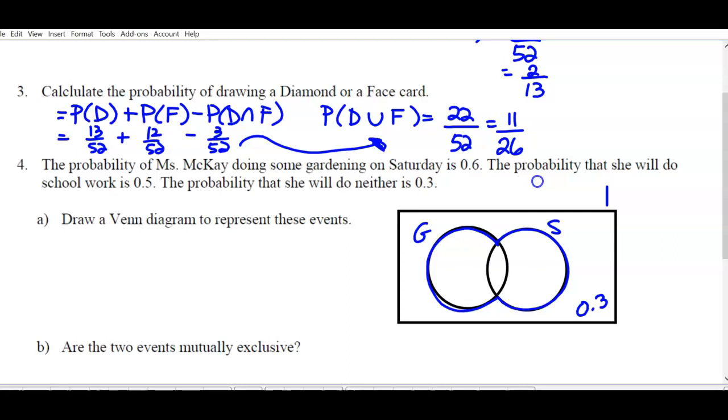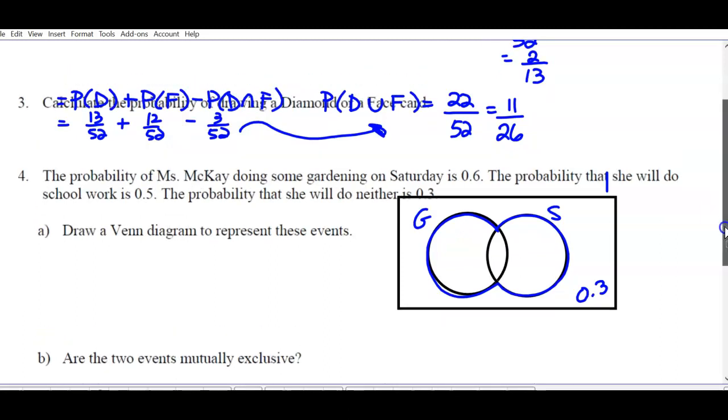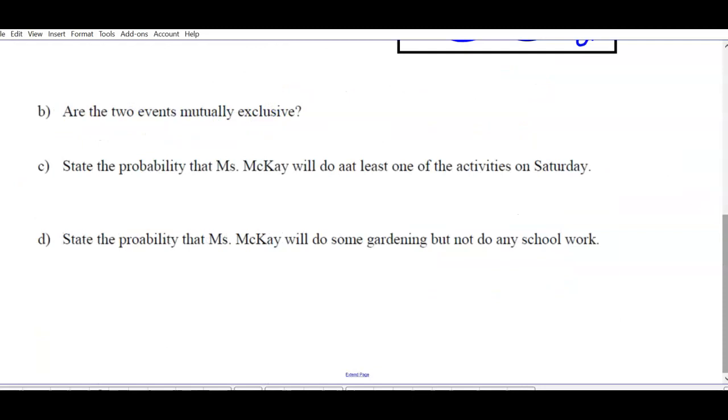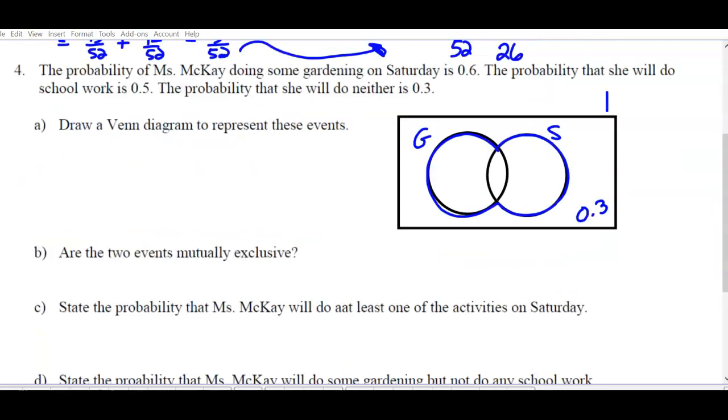And so we need to figure out what probability has been counted twice. So we're kind of getting a step ahead. We've already decided that they're not mutually exclusive, they overlap. So we want to calculate the probability that I will do at least one of the activities on Saturday.